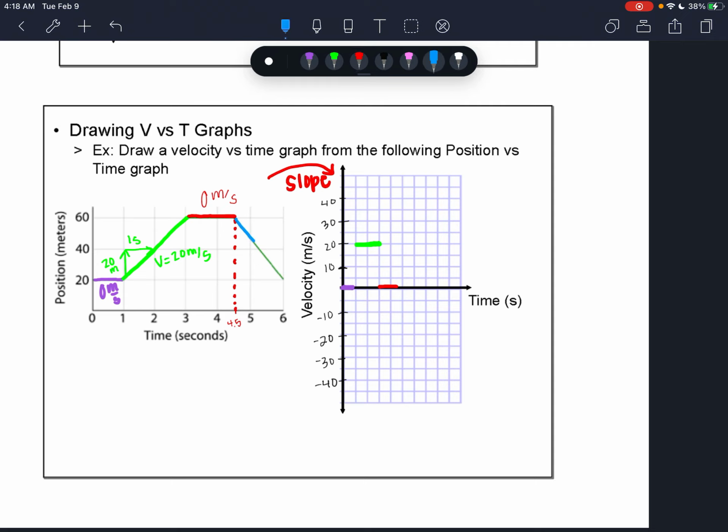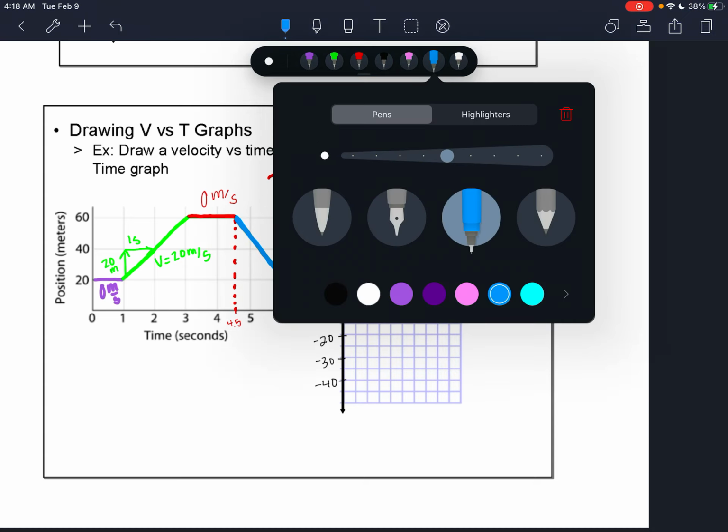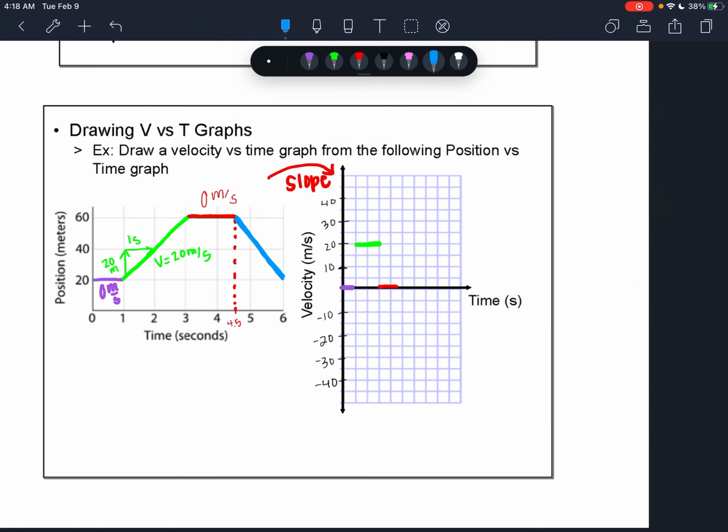And then from 4.5 seconds to 6 seconds, my velocity changes. So if I look at my rise over run, I've got to be really careful that I'm paying attention to my time. So my rise, I guess I should say my fall, because it's not going up, it's going down, is negative 40 meters.